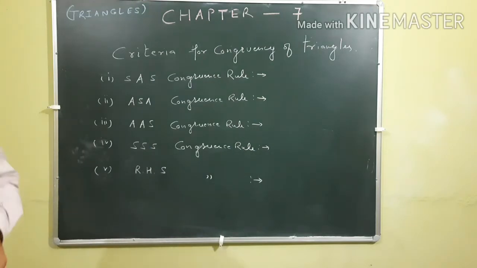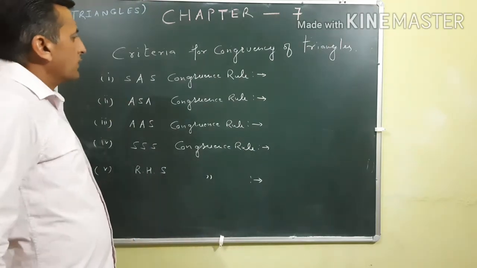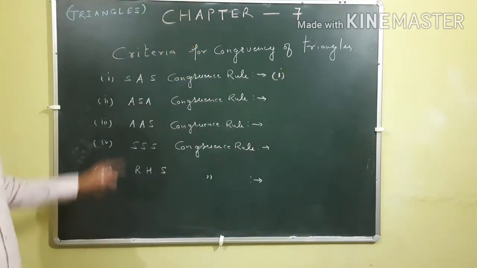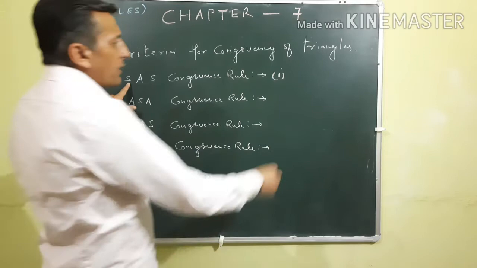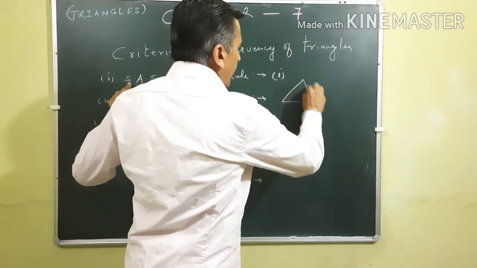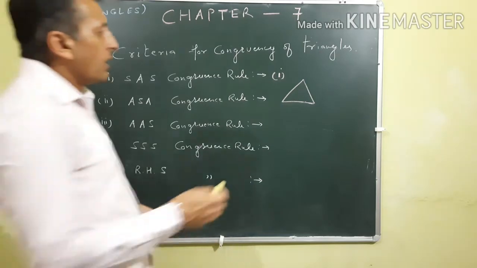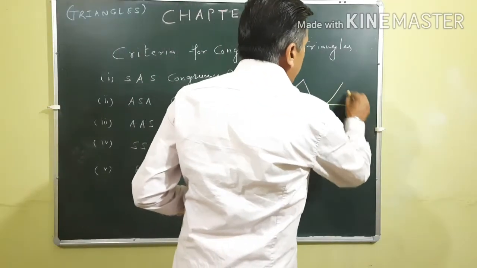Number 1, first of all, I'm going to take side angle side. What is the meaning of this? Suppose this is one triangle and this is your second triangle.